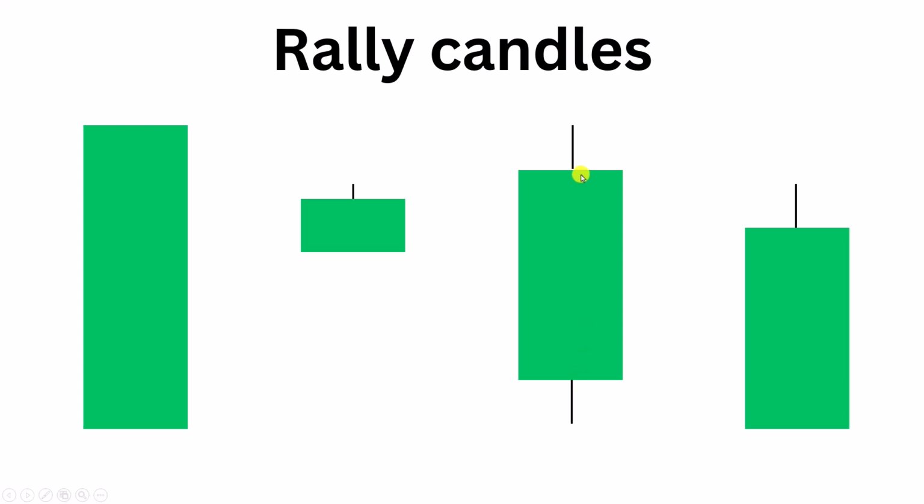So these two wicks are substantially smaller than the size of the body. So this is a rally candle too. Here we have a big green body with a wick at the top, and here the wick is substantially smaller than the body of this candle, and so this is considered as a rally candle. Okay, so all these are rally candles.